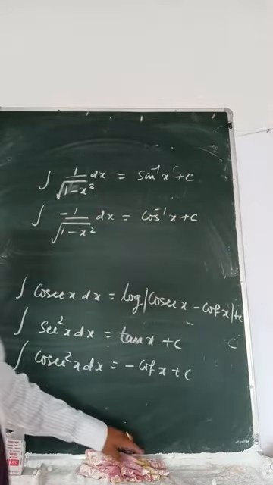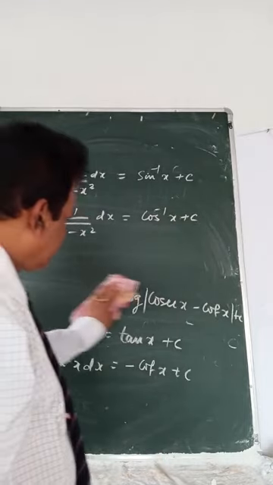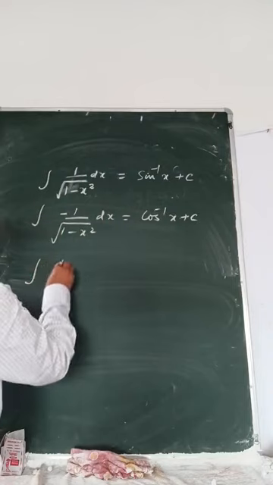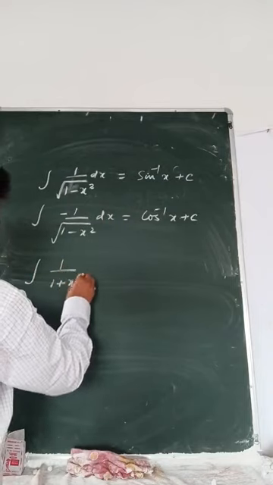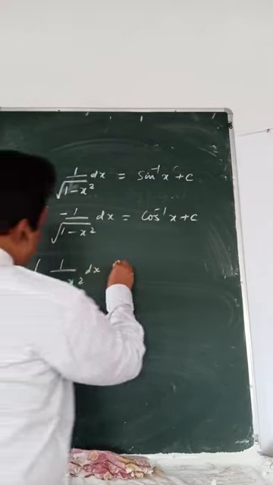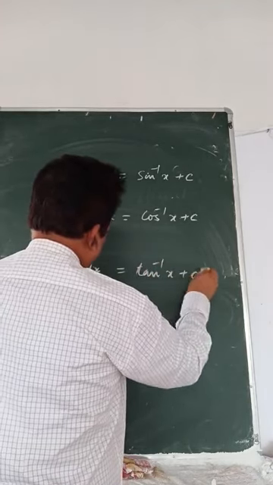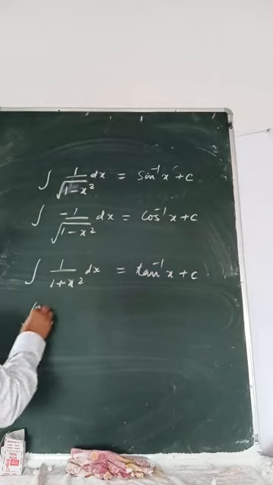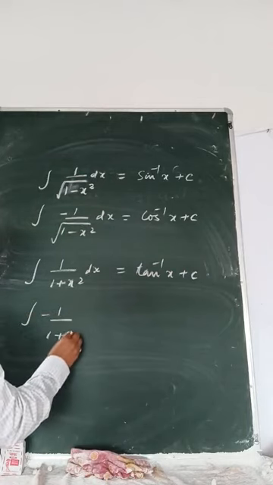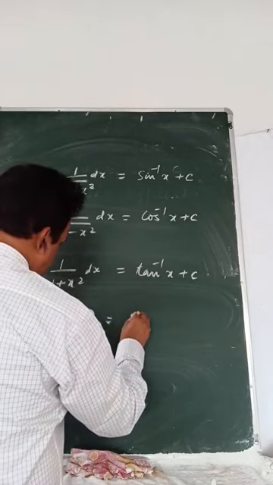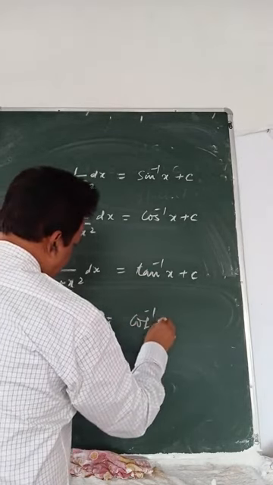You can continue some more on this. Integration of 1 by 1 plus x square is tan inverse x plus c. Integration of minus 1 by 1 plus x square is cot inverse x plus c.